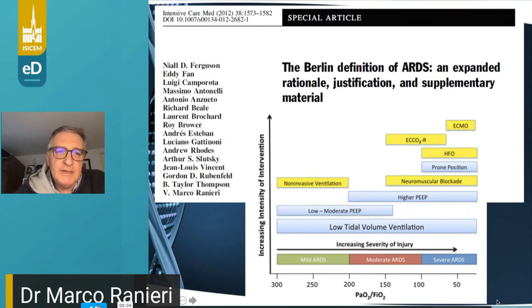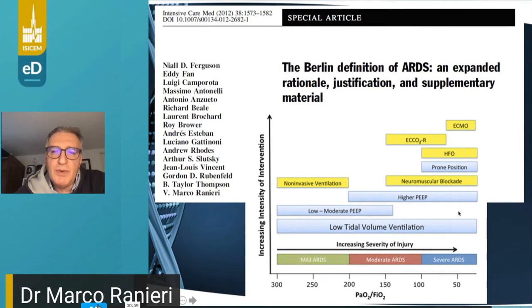This is one of the papers published by the Berlin Definition Network, where treatments available for ARDS were allocated in this graph, where you see on the vertical axis the increasing intensity of the intervention, and on the horizontal axis the severity of ARDS quantified by PF ratio.